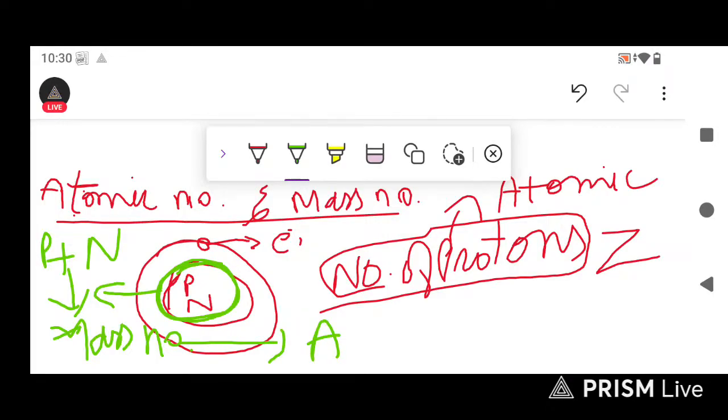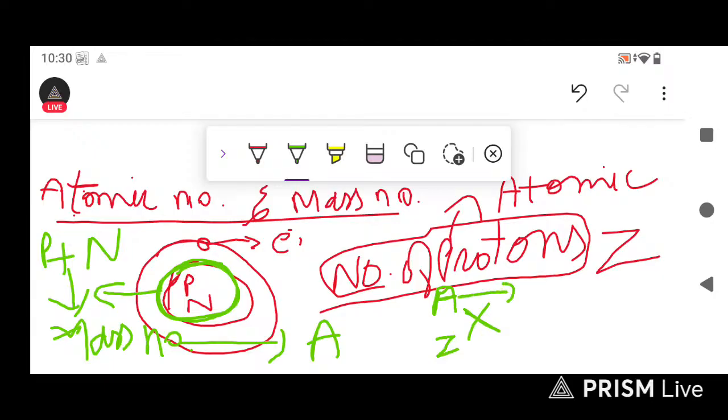So how do we write the number of protons and number of neutrons? Let me give you a general example. Suppose there is an element called X. We write the number of protons in the subscript, and in the superscript, on the above right side, we write the mass number.